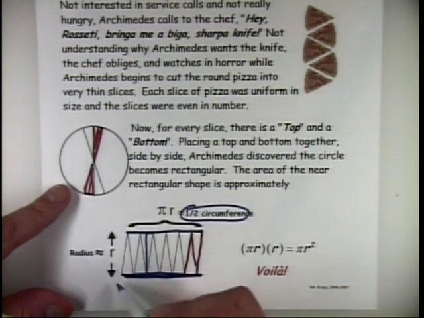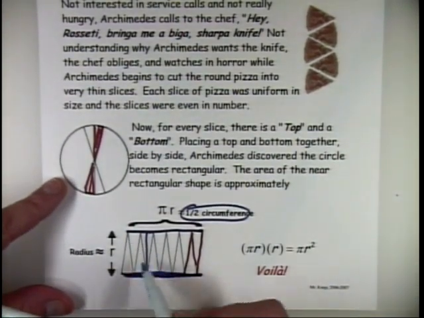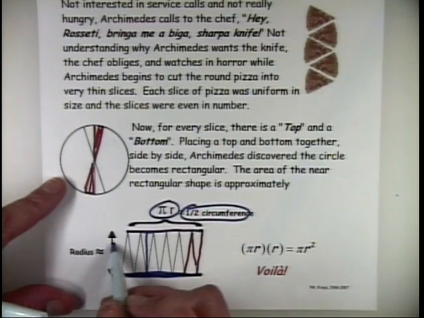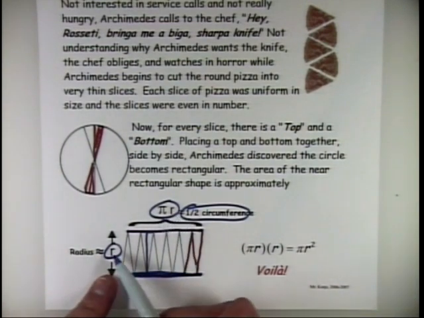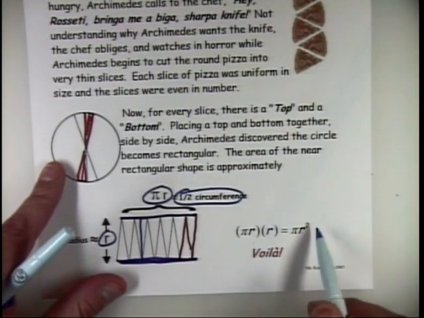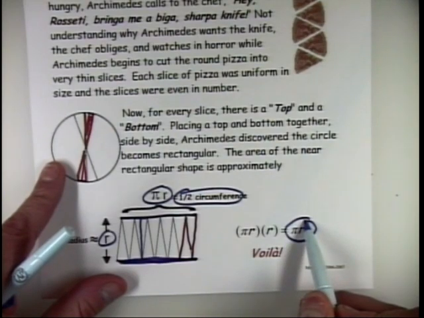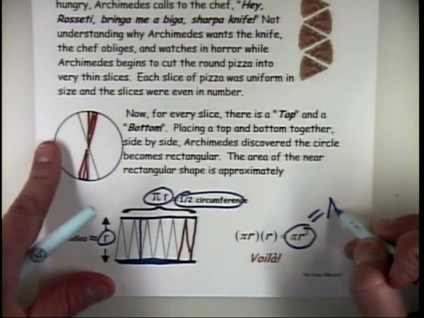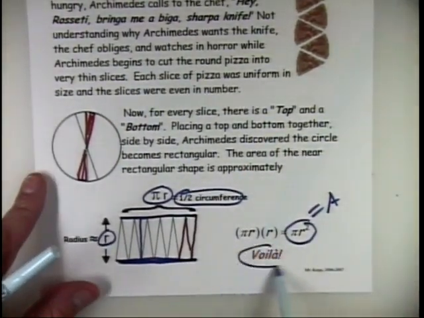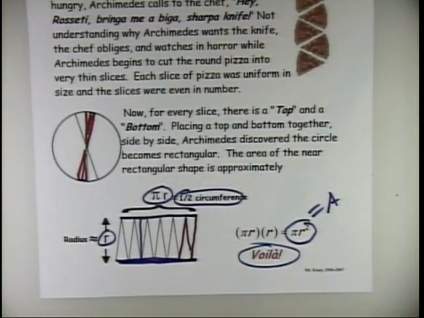So I have something that approaches a rectangle with dimensions of pi r times r. And the area of a rectangle was known. You just multiply the two side lengths together. So here's the brilliance. Pi r times r is pi r squared. And that is how the formula for the area of a circle came to be. So voila, there it is. It's fun to be brilliant.